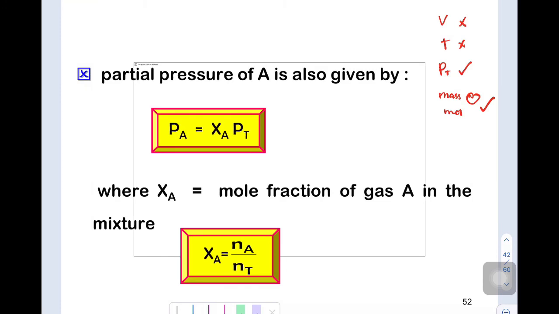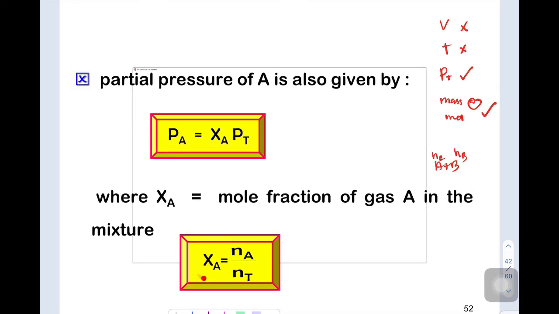If we have a mixture of A and B in the container, we will have the number of moles of gas A and the number of moles of gas B. The mole fraction of gas A will be the number of moles of gas A over the total moles, mole A plus mole B. Then we will get the mole fraction.